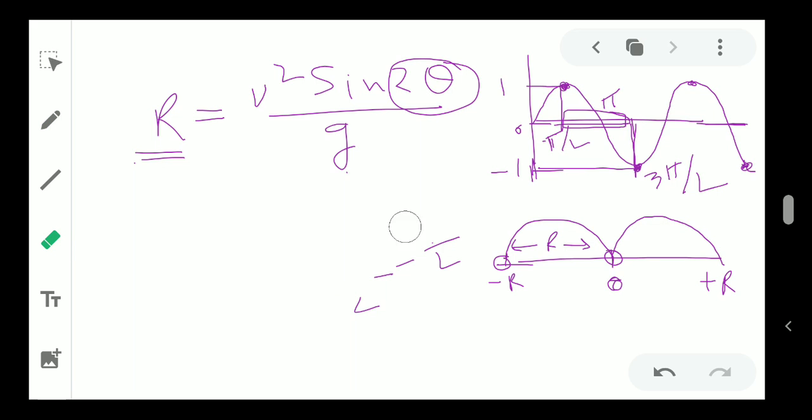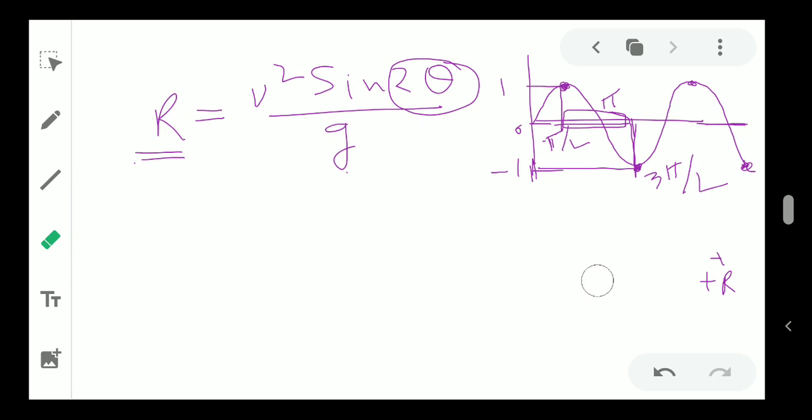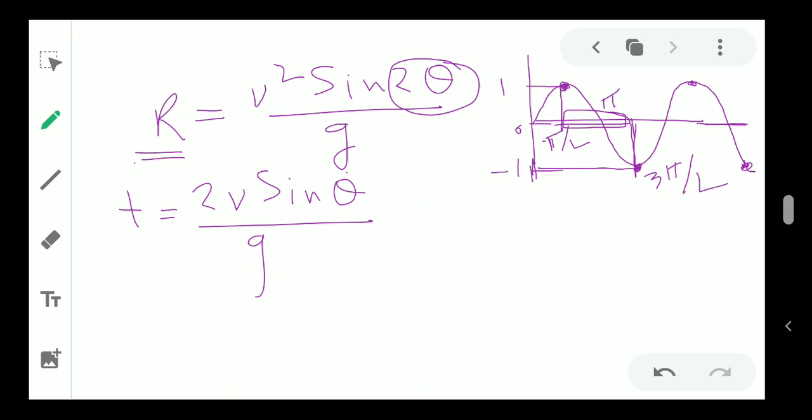So in that case what we will do, see, we know the formula for time is 2v sin theta by g, right? So in this case we can have two times, t1 for theta 1.